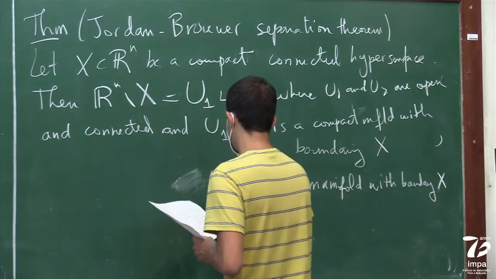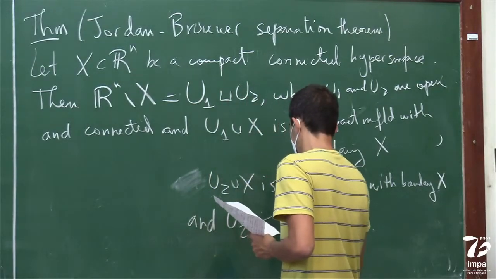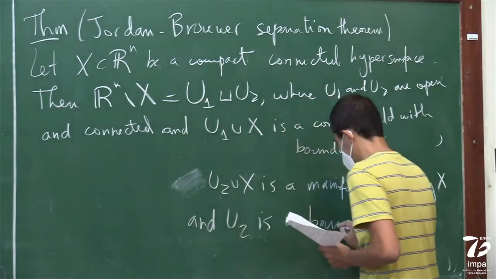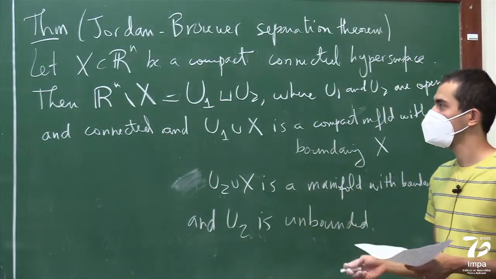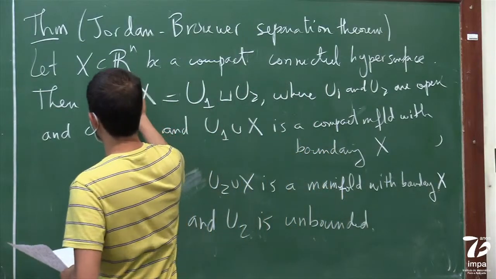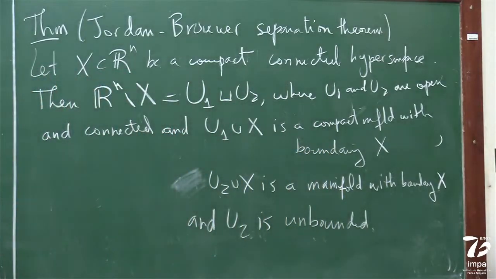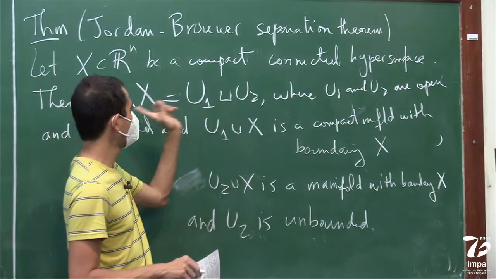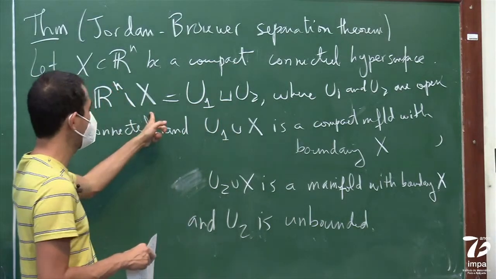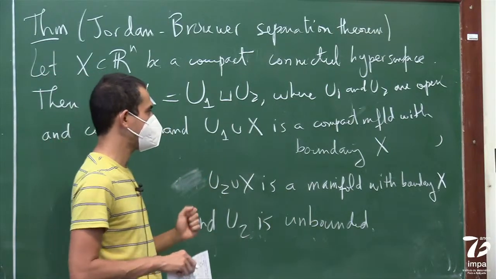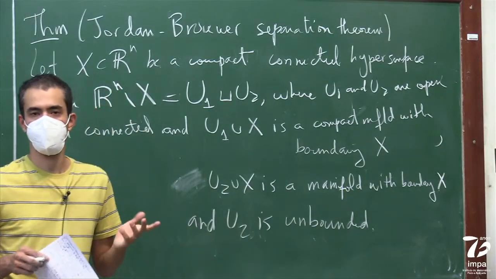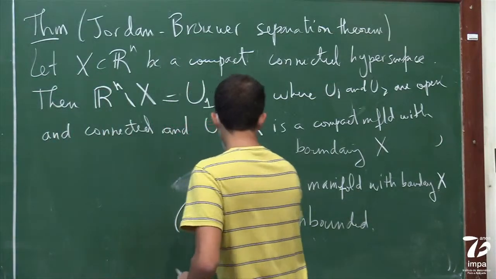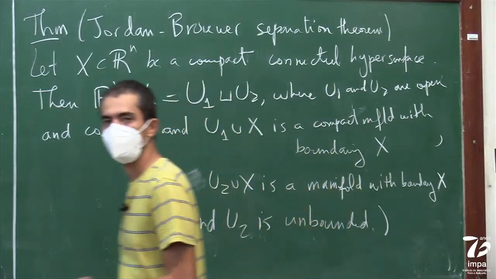And U2 is unbounded. I mean, of course, that only really makes sense because we are in Rn, so it makes sense to say that a set is unbounded. But it's kind of obvious that it is once we have this decomposition, because X is compact, and U1 union X is compact. So U2 is going to be the complement of that. So it has to be unbounded. Okay, so that, I guess, is parentheses.